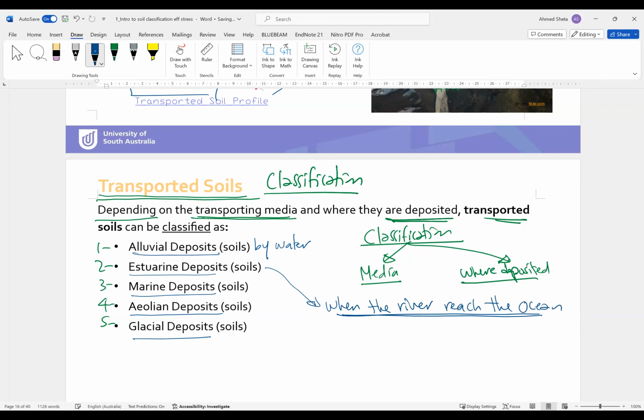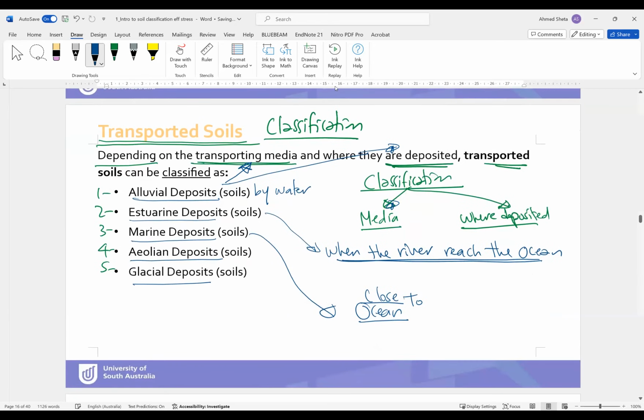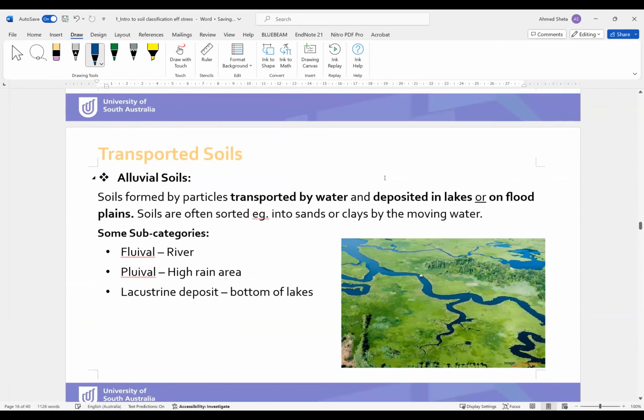Marine is at the ocean itself, close to the ocean. And glacial is at the glaciers and so on. So now we go into details about the definition of these 5 types, depending on the transporting media and the location of deposit. The next slide goes through each type of soil in detail.